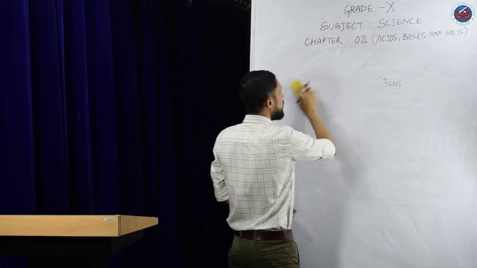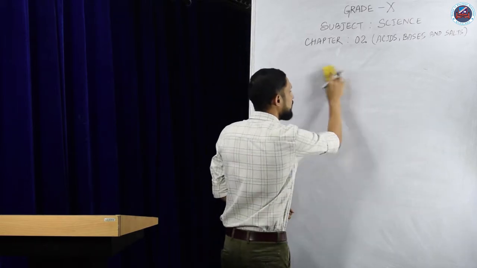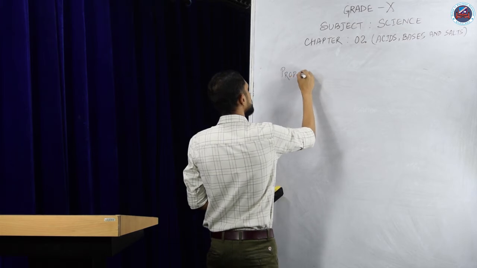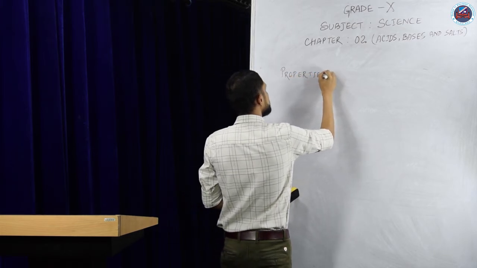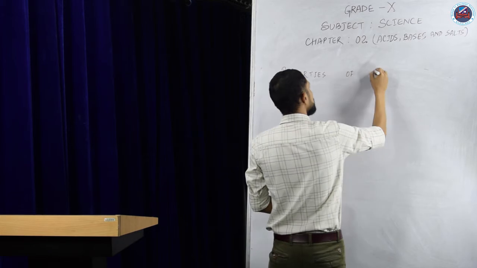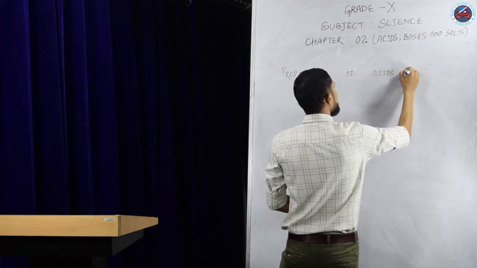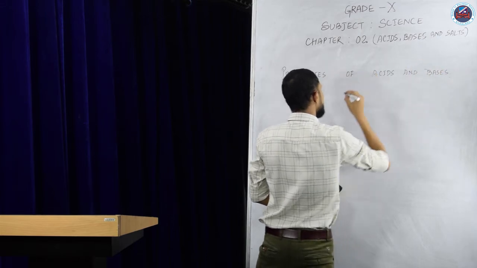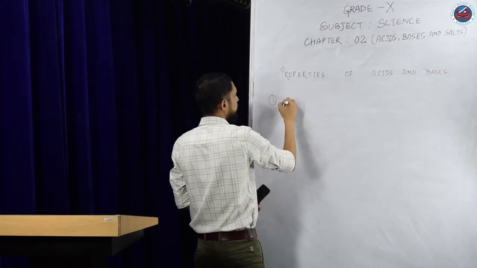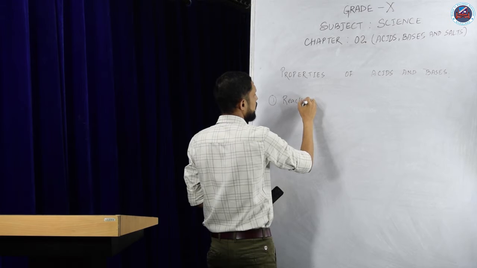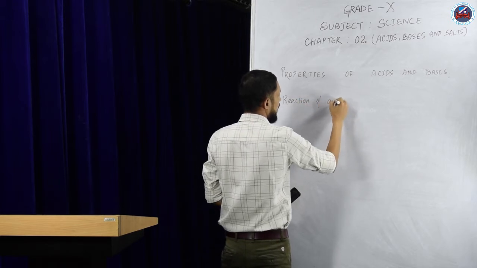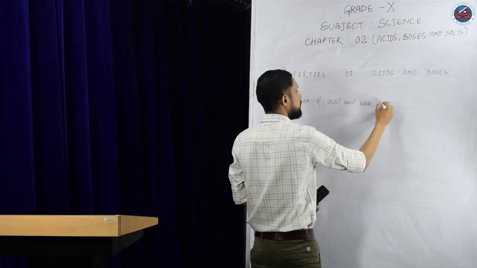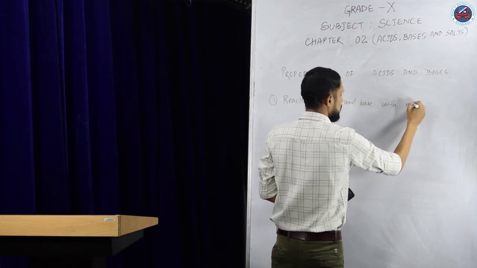Next, let us see the properties of acids and bases. So first, let us see the reaction of acid and base with metal.